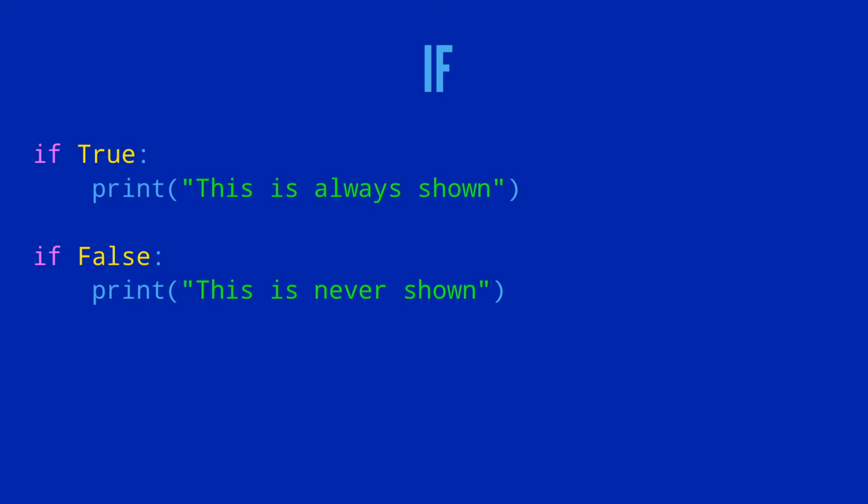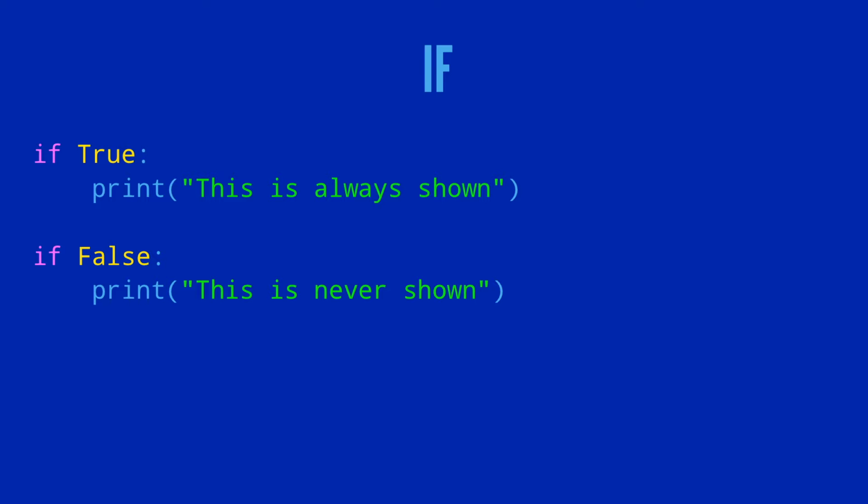You'll notice here that each of the if lines ends with a colon. It's important to note that this ends whatever expression you're putting in. Then you have a block of code underneath, which will only be executed if the statement above is true. In the examples on the screen, only the top one will ever be printed.